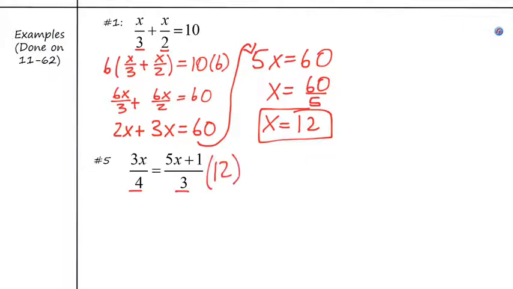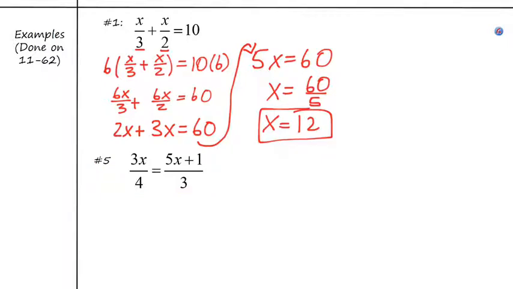So I'll multiply both sides by 12. But ultimately, what ends up happening here is that the 4 and the 12 cancel each other out, and you're left with 3 on this side. And then the 3 and the 12 cancel each other, and you're left with 4 on this other side. So it's effectively the same thing as doing cross multiplication.